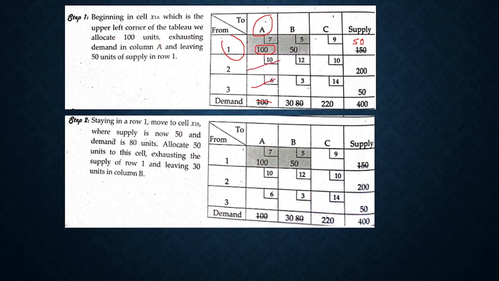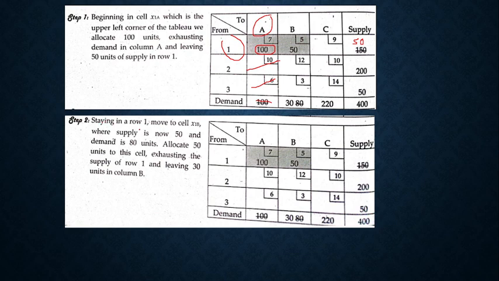Okay, so exhausting the demand in column A and leaving 50 units of supply in row 1. Okay, di ba class? Meron silang remaining na supply na 50. So, i-remain mo lang dyan sa may X sub 1B.